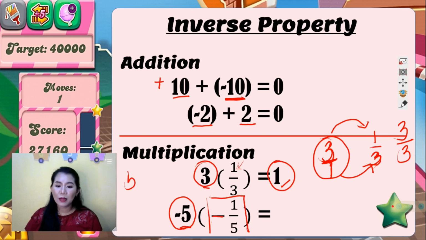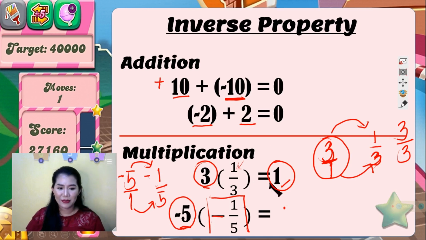Kasi nga, class, remember, negative 5, all numbers have an invisible denominator na 1. Kapag kinuha mo yung kabaliktaran niya, you're going to have negative 1 out of 5. At kapag minultiply mo yan, the answer is 1. Okay? So, that is for inverse property.